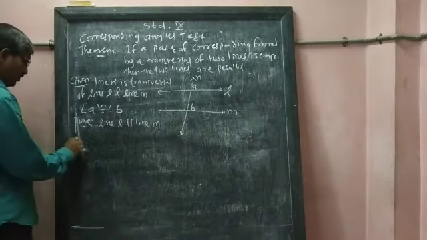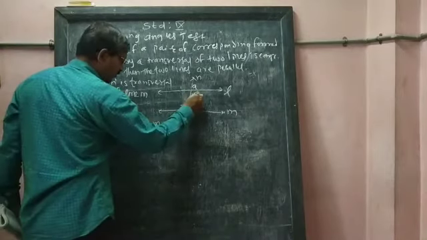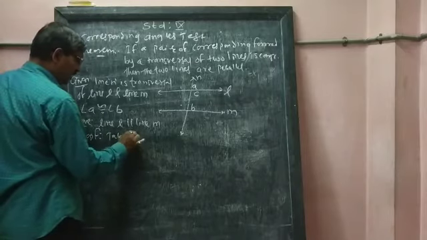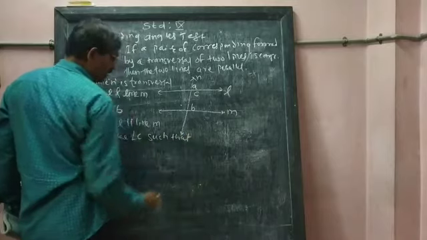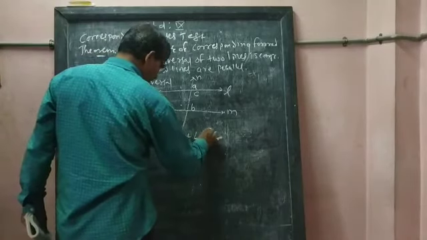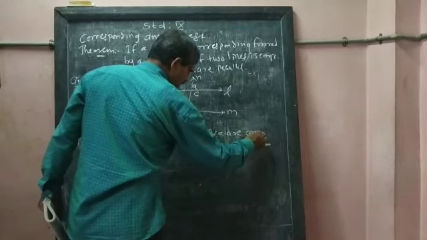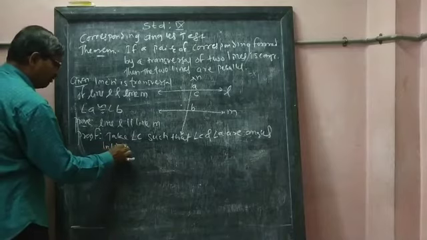Then like the previous question, we should again take C here. Take angle C such that angle C and angle A are angles in linear pair.